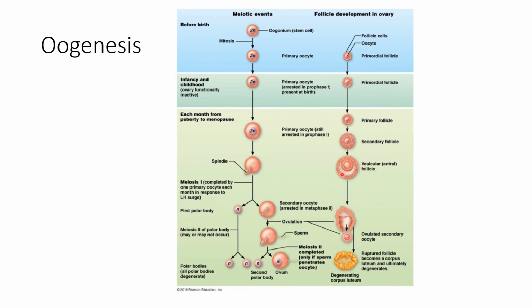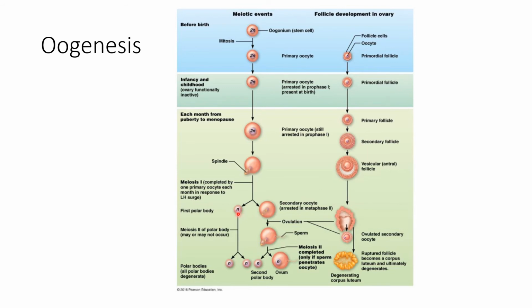So within that vesicular follicle, this is where we're going to have our secondary oocyte. As I said, those 2 events are happening exactly at the same time.